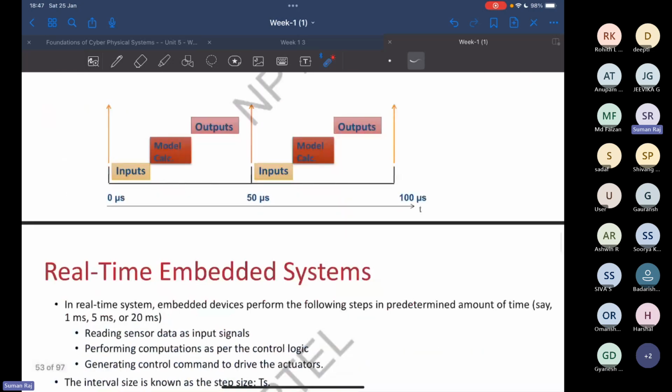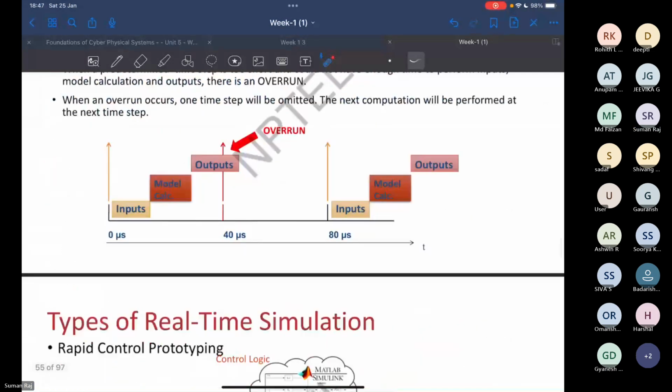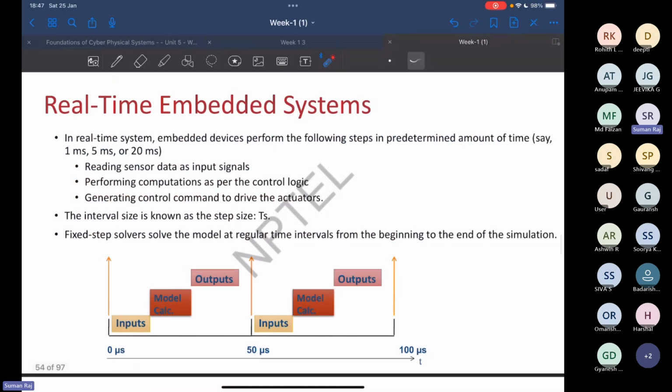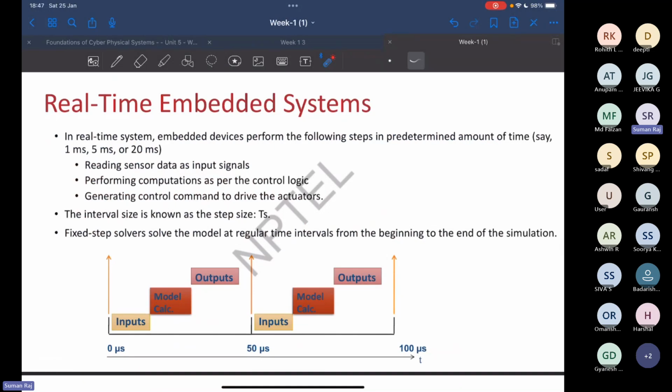Another thing is real-time simulation, and I think we can close it over here. This one is very important. Let's say you have inputs from your sensor, you run your model on top of it, and you get some output. Let's say you have a predetermined time step of 40 microseconds, the interval for processing the data read from the sensor.